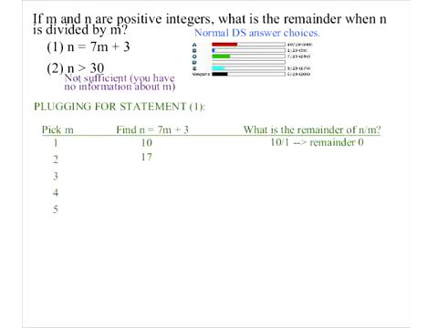That gives you a remainder of 1. Looks like insufficient. So we got 2 answers. It's pretty clearly insufficient. If you have any questions about that, go ahead and ask. But this is proof. We got 2 definite different answers, so insufficient.